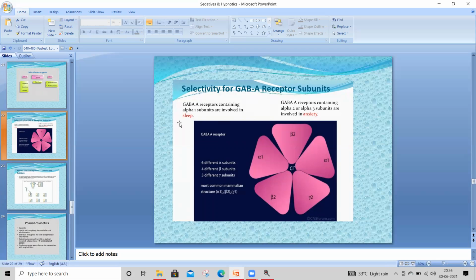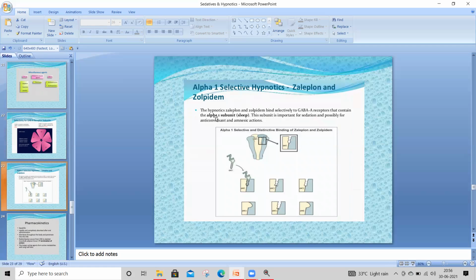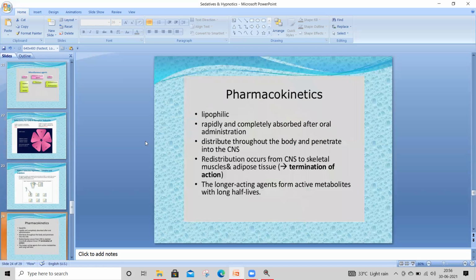Zolpidem is a drug which binds with the alpha 1 subunit, and this leads to induced sleep. In pharmacokinetics, barbiturate and benzodiazepine have good lipophilic activity, so they are rapidly metabolized in your body, but they have good absorption orally.